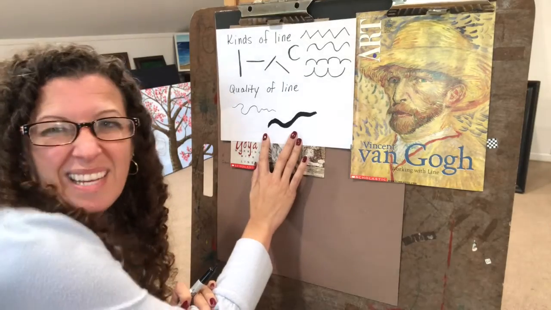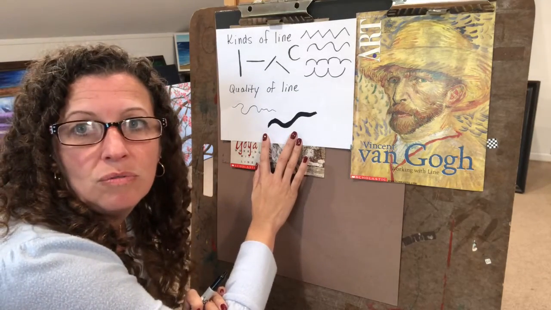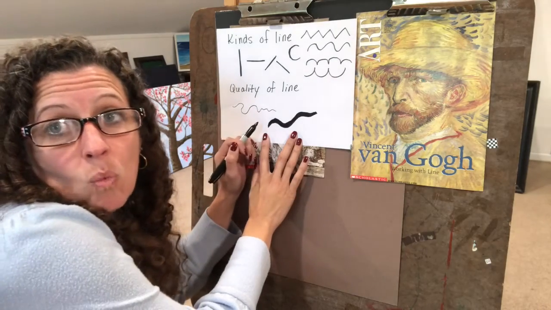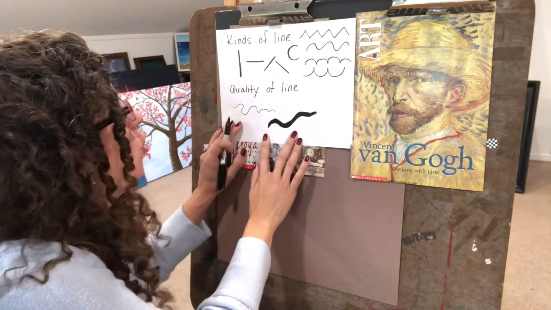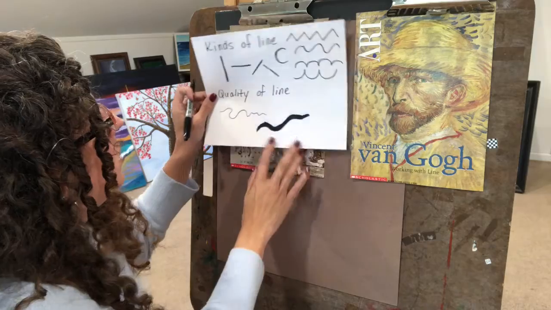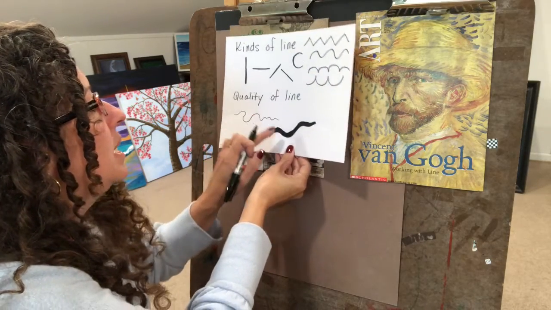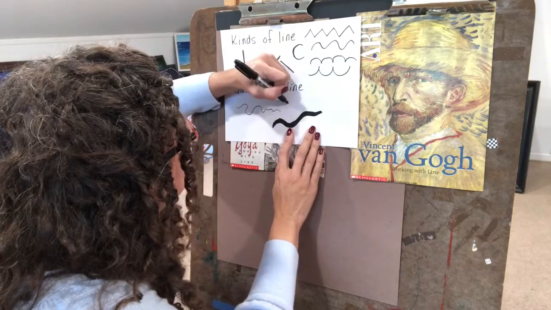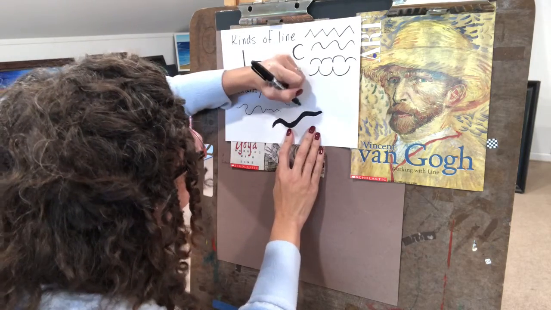Right? It sends a different message, and it might represent different things depending on what you are drawing. So we are going to create different qualities of line. Doesn't matter what kind of a line it is.